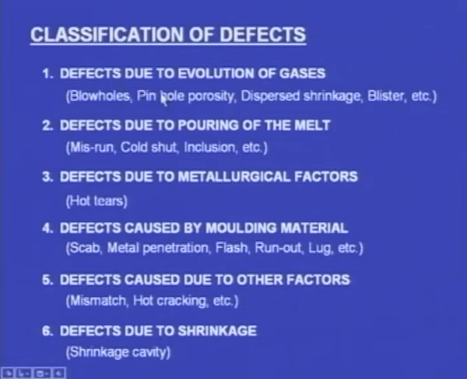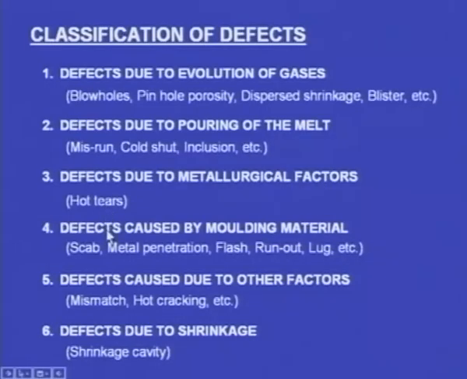One is defects due to evolution of gases. They are blowholes, pinhole porosity, dispersed shrinkage, blister, etc. And defects due to pouring of the melt: misrun, cold shut, inclusion, etc. Next, defects due to metallurgical factors, that is the hot tears.